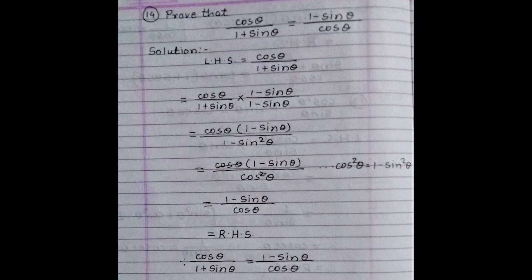So, cos theta into bracket 1 minus sin theta upon cos square theta. One cos theta gets cancelled and you get the answer 1 minus sin theta upon cos theta, that is RHS. So, the final: cos theta upon 1 plus sin theta is equal to 1 minus sin theta upon cos theta.